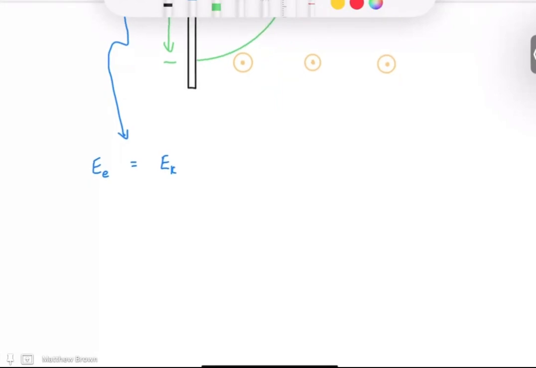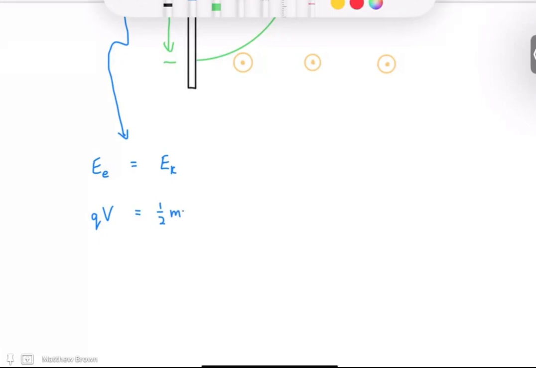And so the electric potential energy here, remember, is just Q times V, since V is just the electric potential energy divided through by Q, because we assume a 1 Coulomb charge. And that here has to equal 1/2 m.